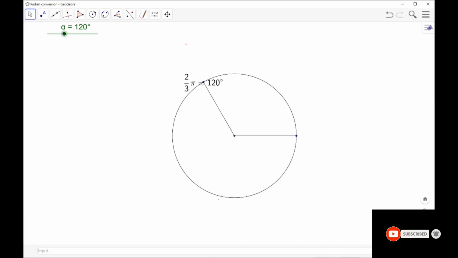We have our 120-degree angle, which converts to 2/3 pi, or 2 pi over 3. We have our 135-degree angle, which converts to 3 pi over 4. We have our 150-degree angle, which converts to 5 pi over 6. We have our 180-degree angle, which converts to pi.